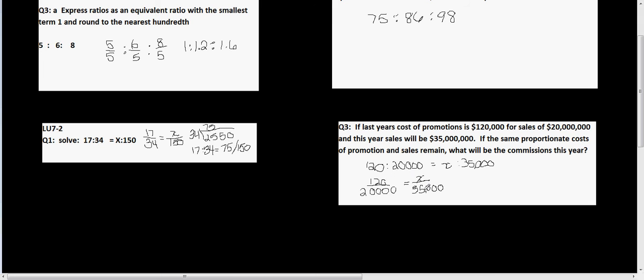So what do we get? Let's write that down. 20,000 divided into 120 times 35,000, which is 4, 2, and a whole slew of zeros here.